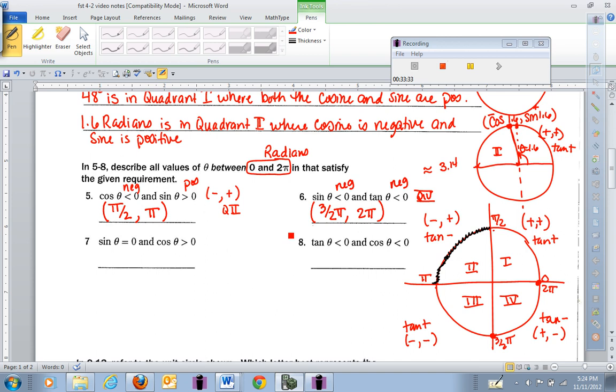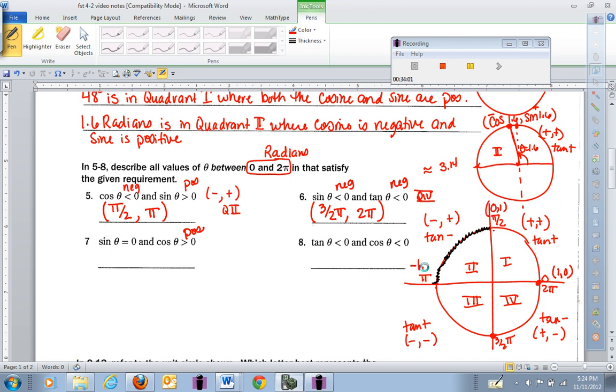Okay? Where does the sine equal 0? And where is the cosine positive? Okay. Sine equals 0. Can you think of that? Where does sine equal 0? Well, this is the ordered pair 1, 0. Here's the ordered pair 0, 1.